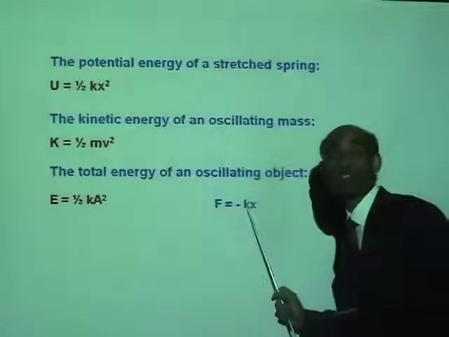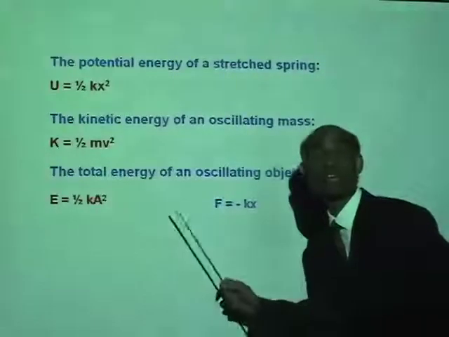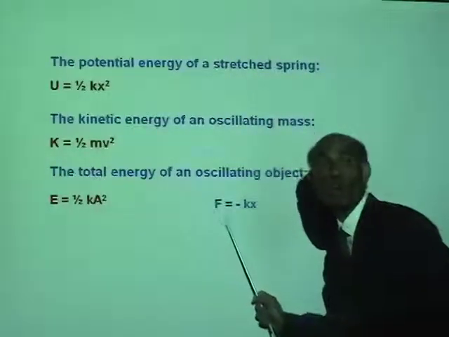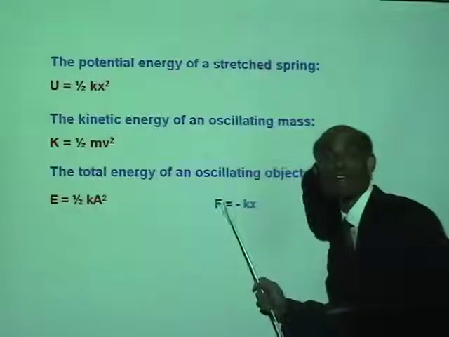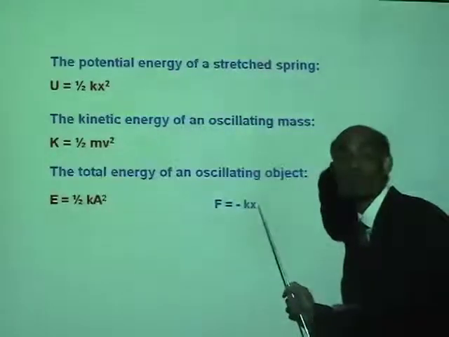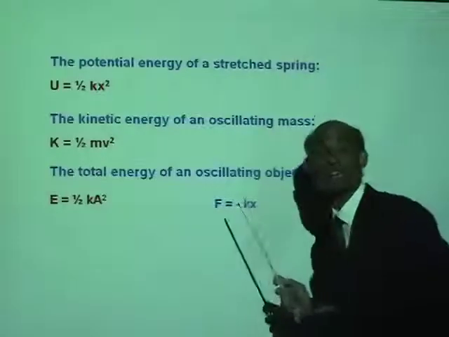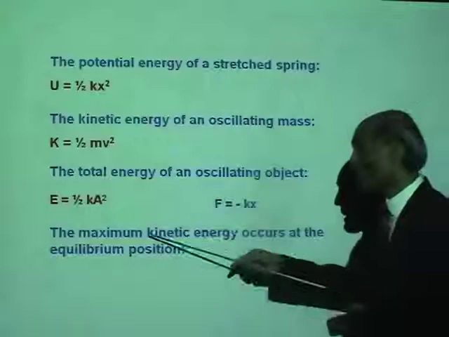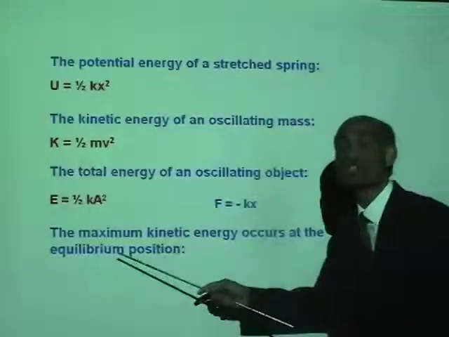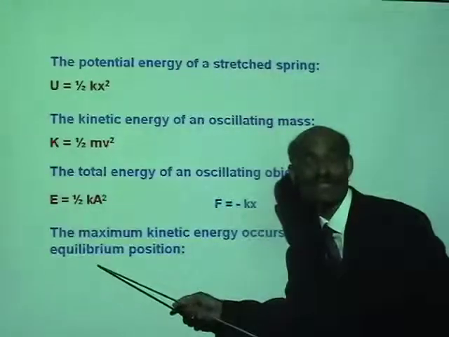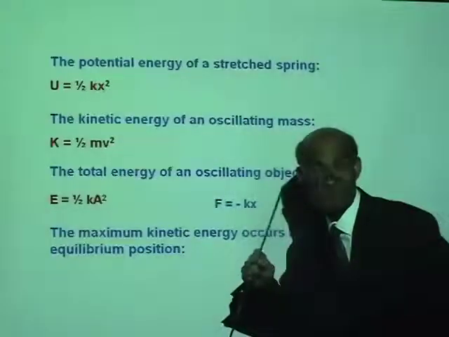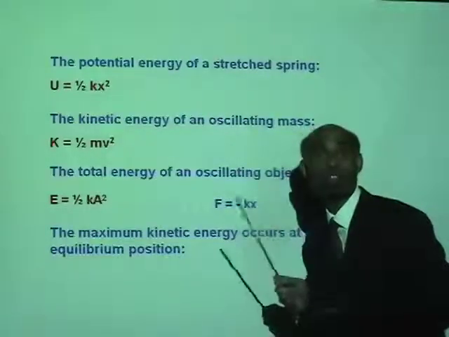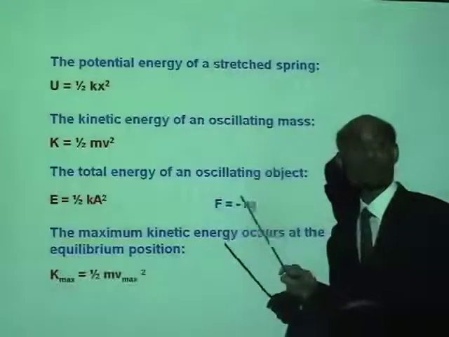F equals negative k x, or negative k y. The restoring force of a spring is proportional to the displacement and takes place in the opposite direction. We talked about that too. The maximum kinetic energy occurs at the equilibrium position, right? At the equilibrium position, the potential energy is zero, the kinetic energy is maximum.